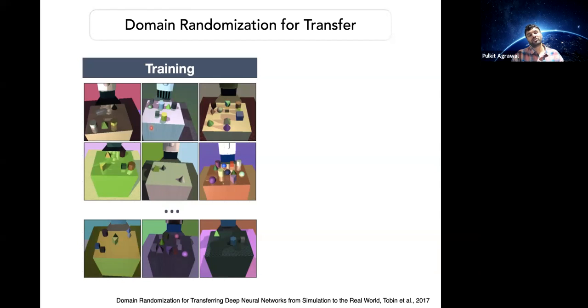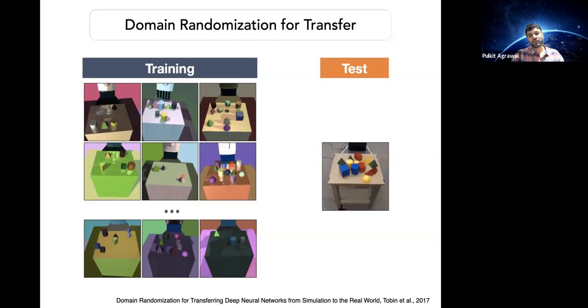And the hope is, because we have trained on a large diversity of environments, my testing environment, which is the real world, may be close to one of these samples in the training set. And therefore, we are going to be able to transfer to this test set. What we're really interested in is how good the test performance is.